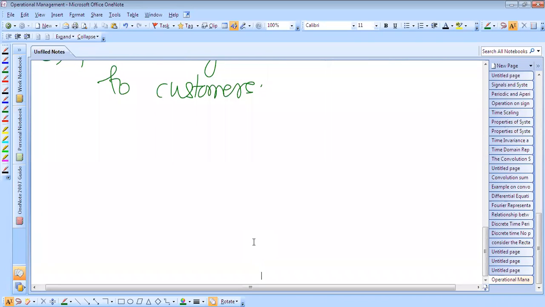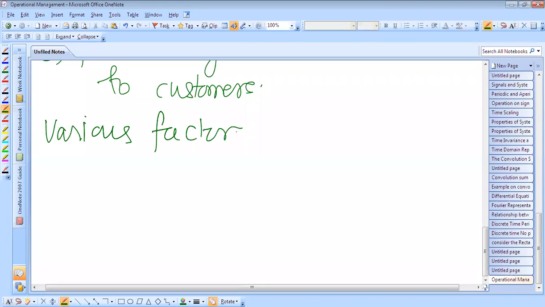Now we'll discuss the various factors that affect the plant location.